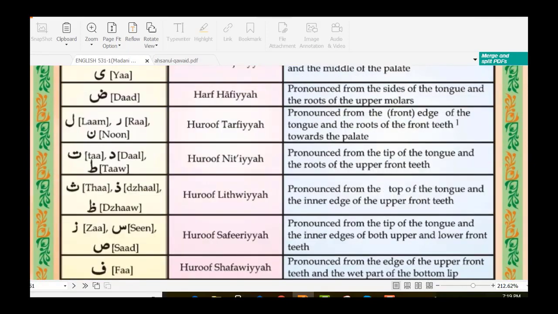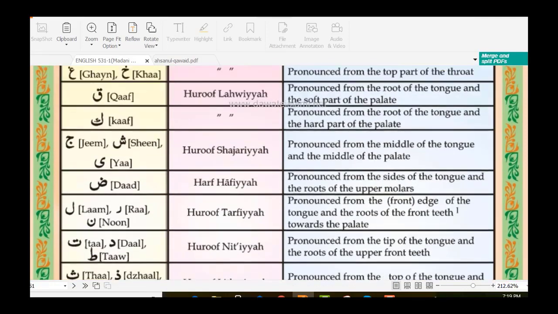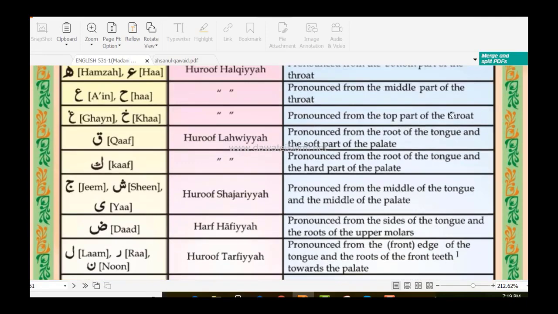I am choosing again a smaller one, also one which will be easy for you to understand and to memorize. So we do today qaf and kaf, these two letters. Qaf, the one which has two dots over, and kaf are both called haruf lahwiya.